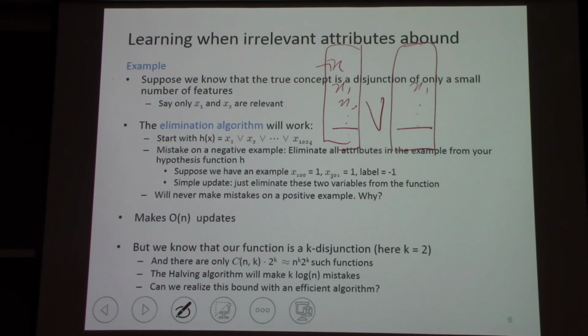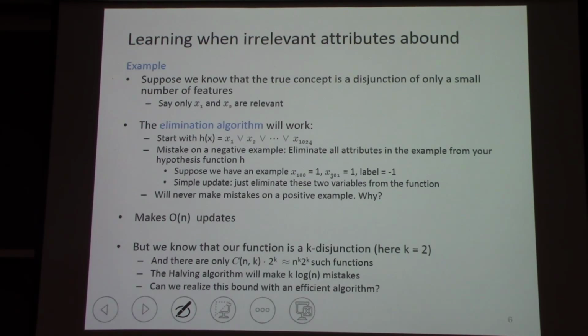So the number of k disjunctions is n choose k times 2 to the power k, which is roughly n^k 2^k, and we've done this exercise in the past, so I'm not going to labor this point. The halving algorithm has a mistake bound which is k log n, which is only logarithmically dependent on the dimensionality.